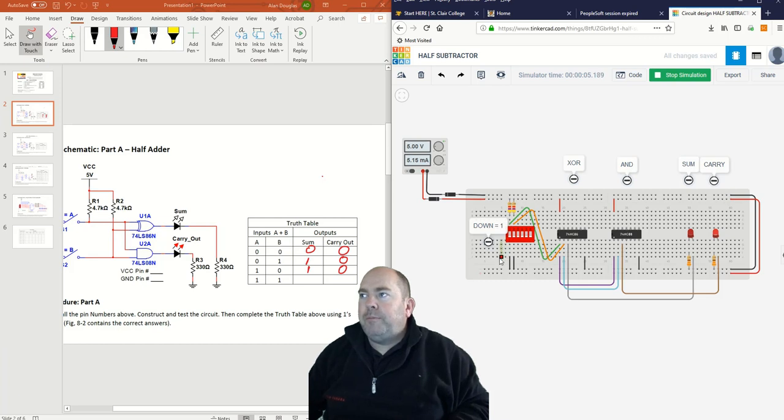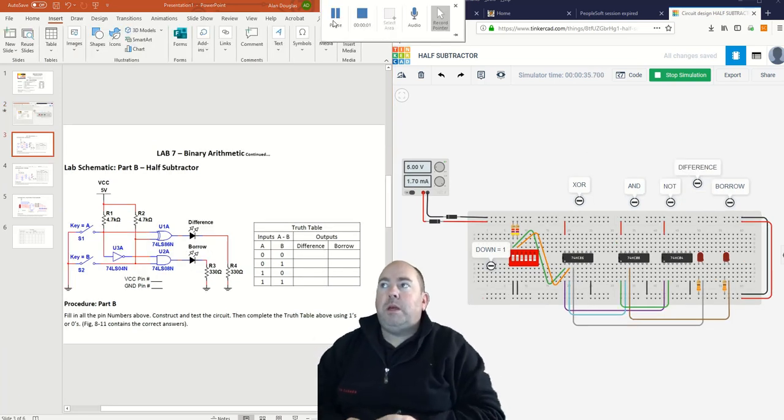You can see how that now gives me a 0 on my sum and a 1 on my carry. So that is my truth table for this. That is the half adder. I've verified that table with this circuit here.